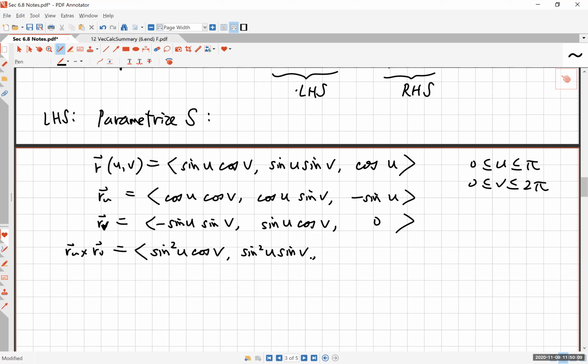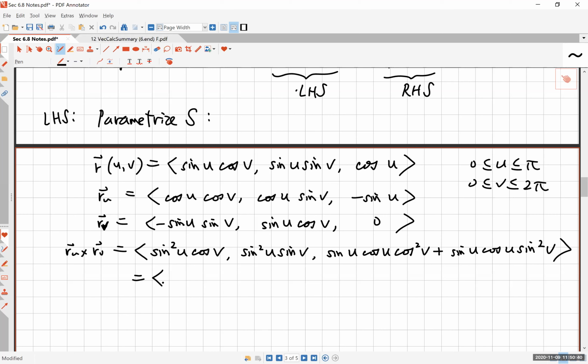And then the last one will be the long one. You have sine u cosine u cosine squared v minus negative, so it's going to make it positive, sine u cosine u sine squared v, okay? So be very careful distinguishing your u's and v's and so on.